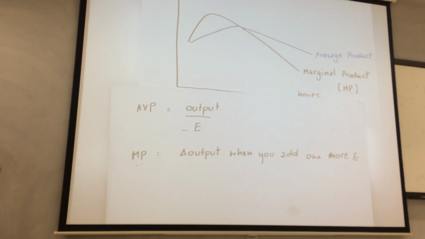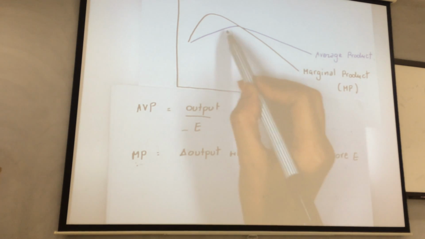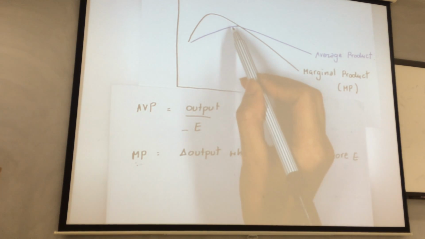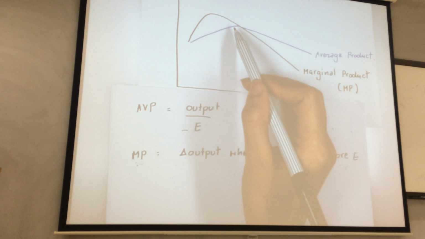So it will improve the average product, right? Because he can do better than the average of the first 10. The 11th one can do 6. So the average will increase because marginal product is higher than the average product. So you will have increasing average product as long as marginal product is higher than average product.